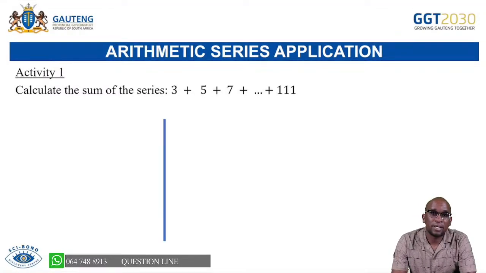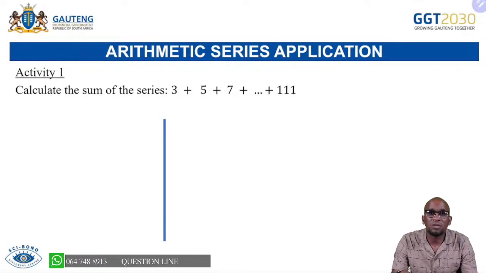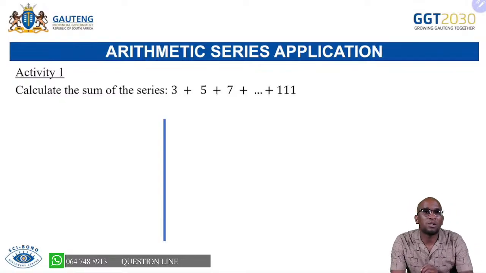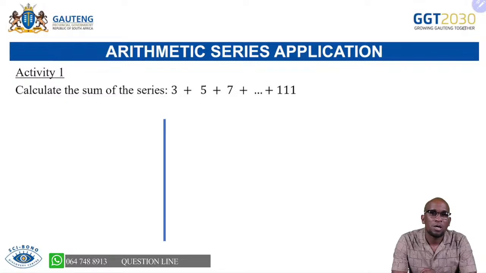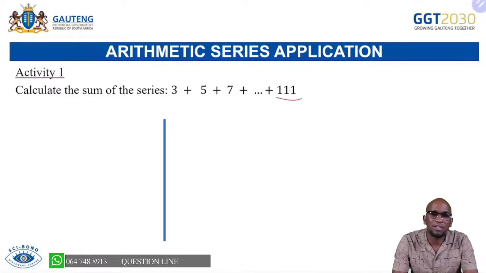Hello and welcome back. Hopefully you were able to work through this problem. Now, if you check this problem, it's just slightly different from the one that I did as an example, because in the one that I did as an example, we were told that you have 20 terms, but here you are given the last term as 111, so you don't know how many terms you are adding.